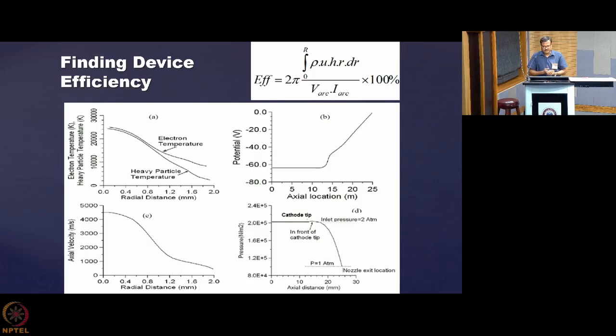And when we divide that by the electrical energy input, that is V into I, and multiply the whole quantity by 100, then we get what? The efficiency of the plasma device. So that is how from simulation itself we are able to determine the efficiency of a plasma device that we have just taken into the simulation.